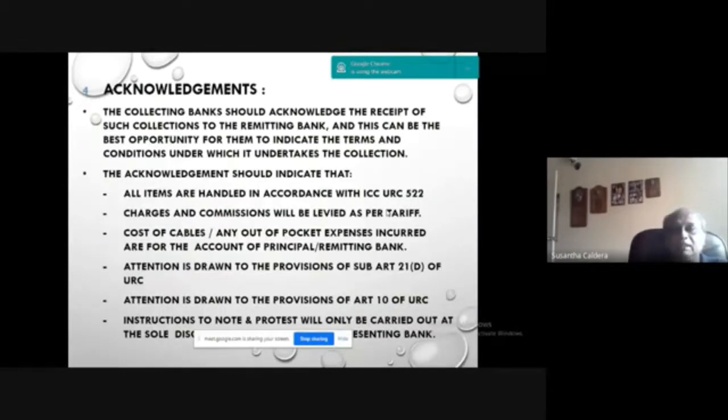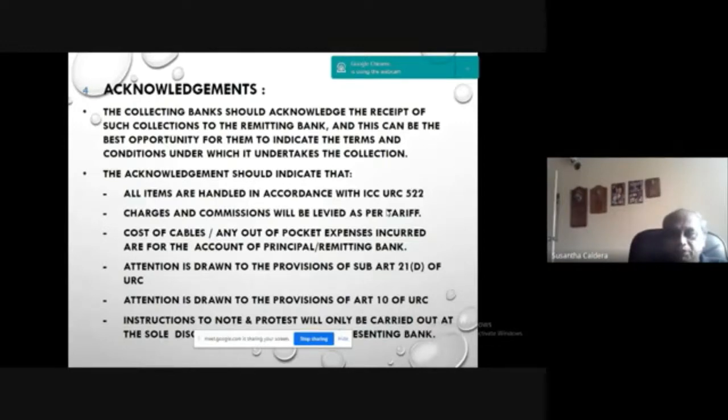Acknowledgements. The collecting bank should acknowledge the receipt of such collection to the remitting bank, and this can be the best opportunity for them to indicate the terms and conditions under which it undertakes the collection. The acknowledgement should indicate that all items are handled in accordance with URC 522.